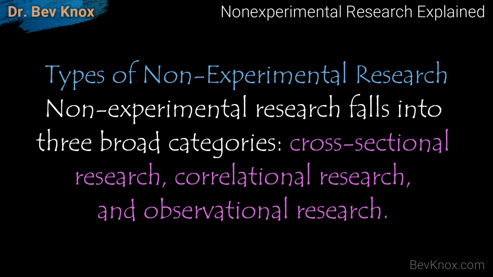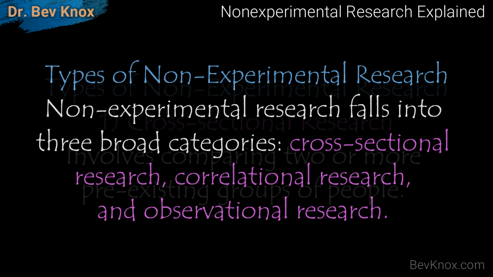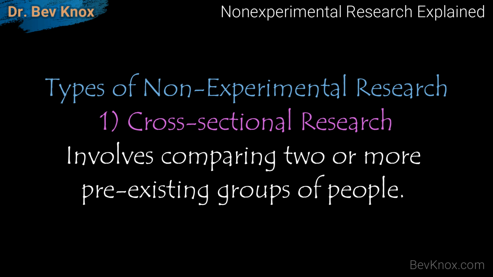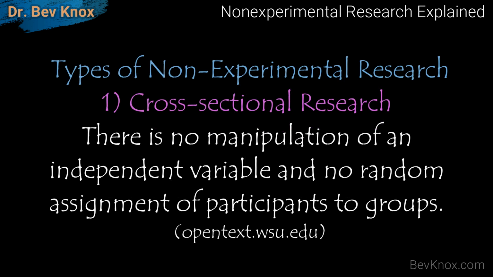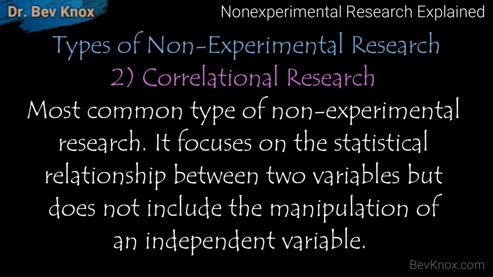Non-experimental research falls into three broad categories: cross-sectional research, correlational research, and observational research. Cross-sectional research involves comparing two or more pre-existing groups of people. What makes this approach non-experimental is that there is no manipulation of the independent variable and no random assignment of participants to groups.